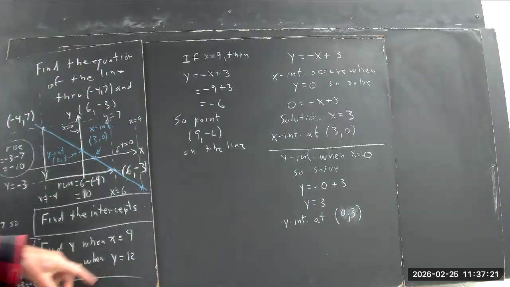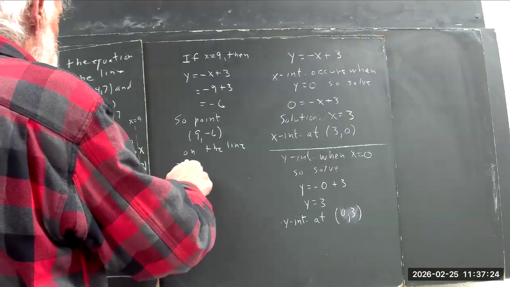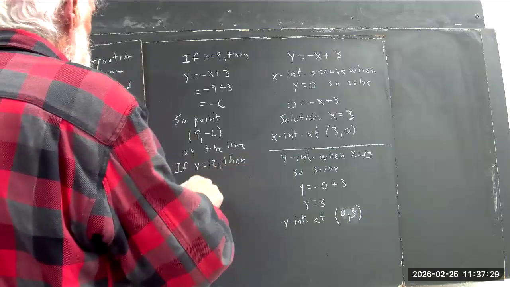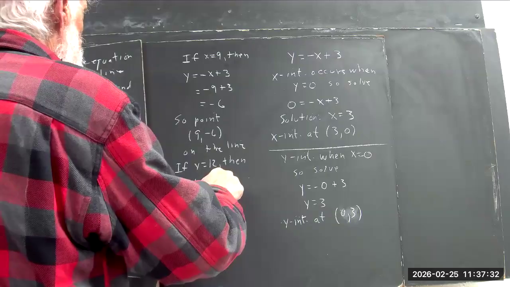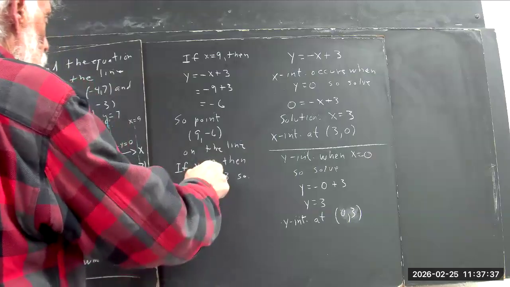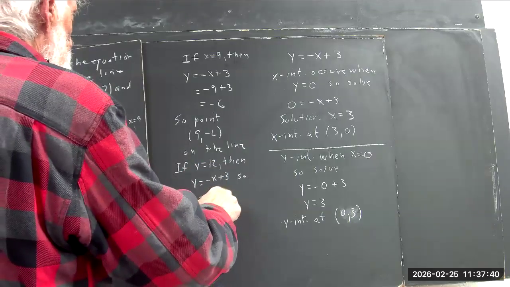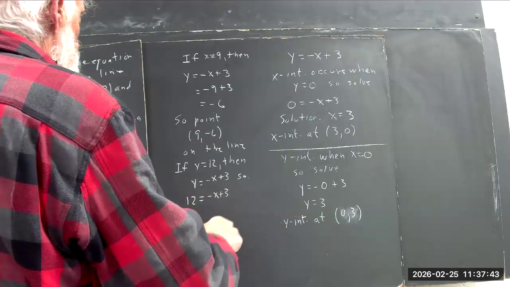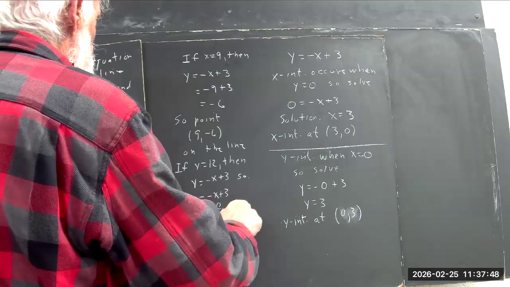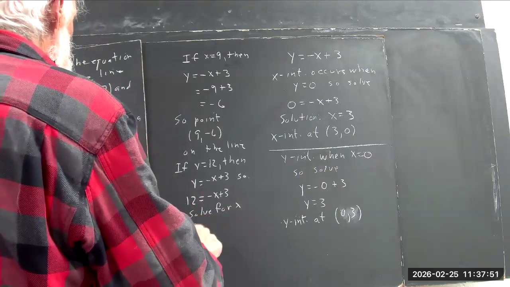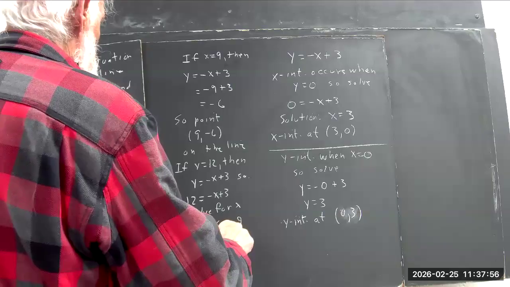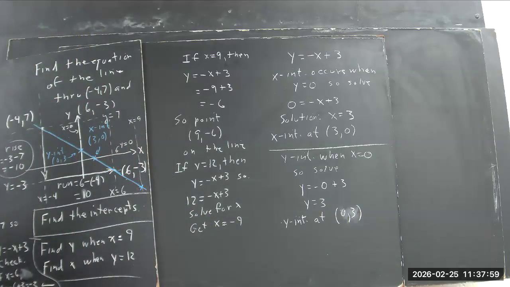We're asked to find x when y equals 12. Well, if y equals 12, we'll replace y by 12. Solve that for x, and we get x equals negative 9.